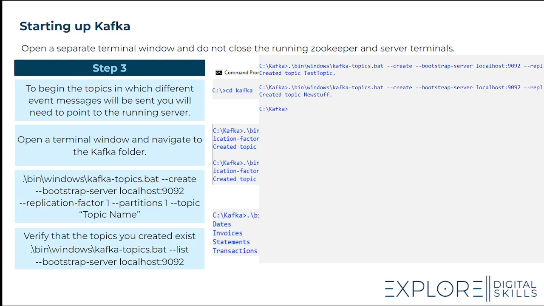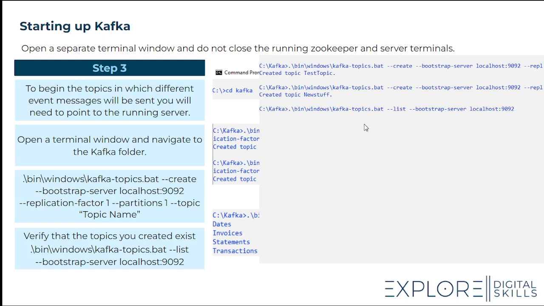Now, we also want to make sure that we can check how many topics we actually have. All right. So in this instance, you would still be using the Kafka topics file. You would enter in dot backslash bin backslash windows backslash kafka-topics.bat, and then what you want to do is list.